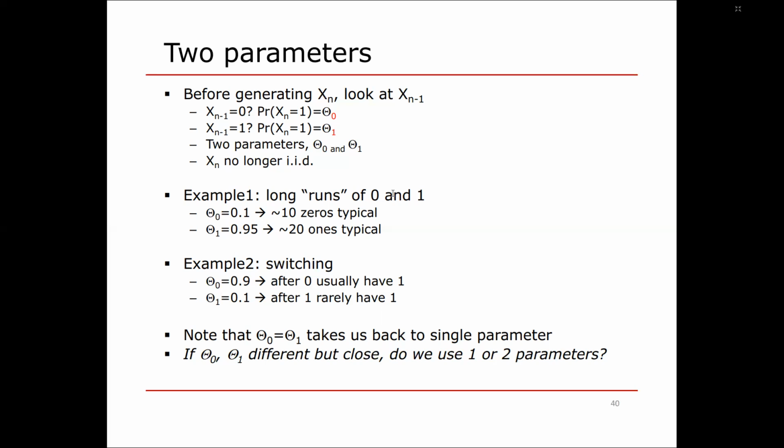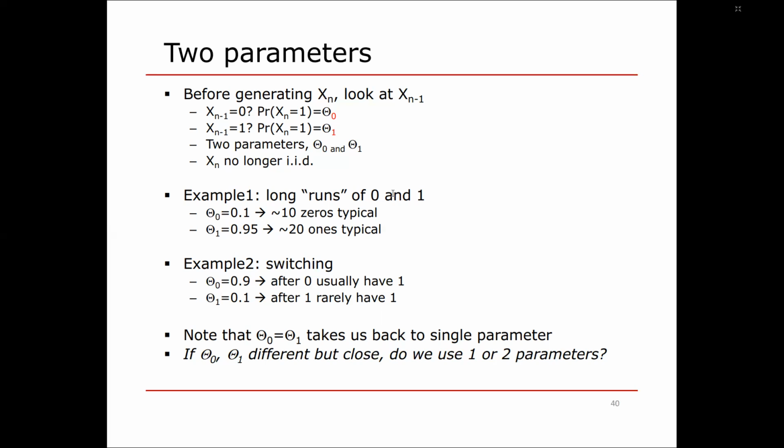Now note that if theta 0 is equal to theta 1, that takes us back to the single parameter case. And now it's interesting to think about a situation where theta 0 and theta 1 are different, but they're close. For example, 0.4 and 0.42. And you can contrast this with a single parameter model where the parameter theta is the midpoint, 0.41.